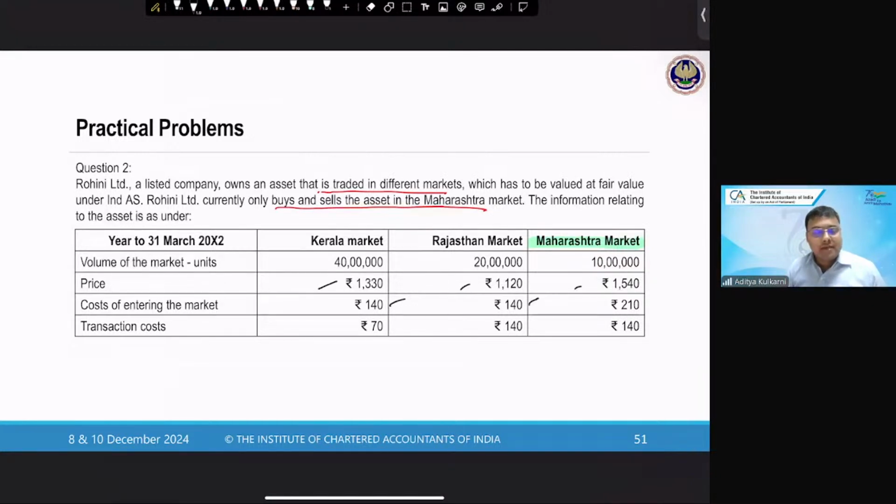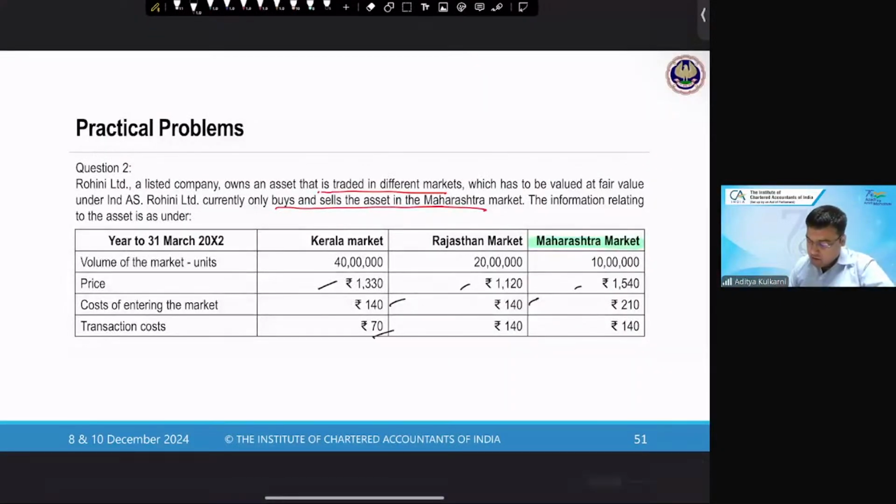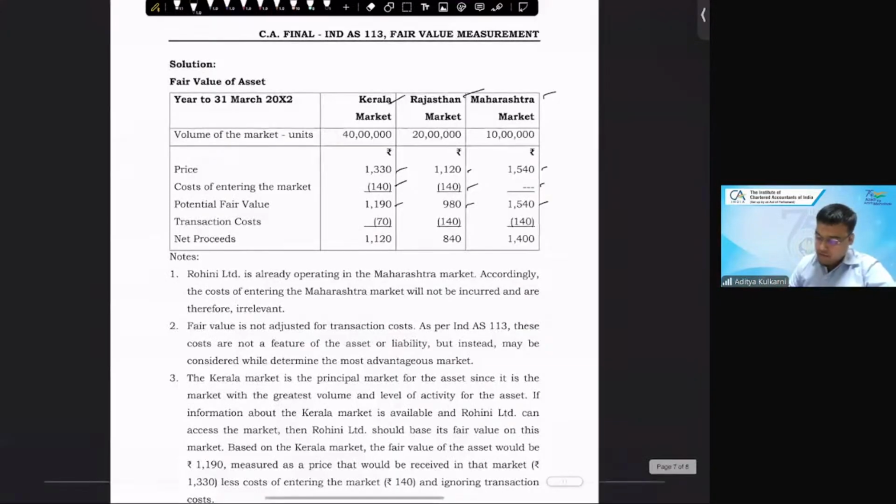In Maharashtra I will not subtract it because I'm already in the Maharashtra market. Did you understand? So therefore, cost of entering the market is 0 for Maharashtra. For the other two, it is going to come. Now, potential fair value 1,190, 980 and 1,540. Did you understand? Yes. And if I deduct the transaction cost 70, 140, 140, that leaves you with net proceeds.